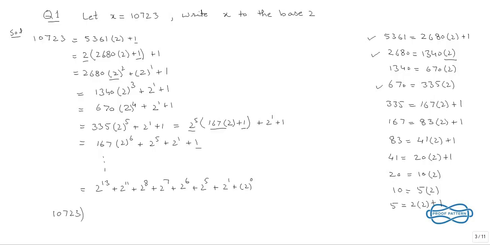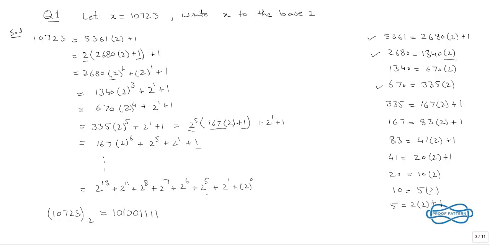Now 10723 to the base 2 can be written as 1, because the coefficient of 2 to the power 13 is 1, and here the coefficient of 2 to the power 12 is 0 because that term does not appear, and the coefficient of 2 to the power 11 is 1. Then 2 to the power 10 and 2 to the power 9 have coefficient 0. 2 to the power 8 has coefficient 1, similarly for 2 to the power 7, 2 to the power 6 and 2 to the power 5.